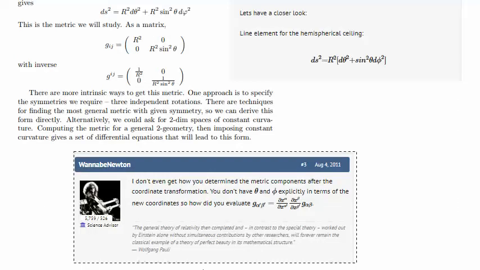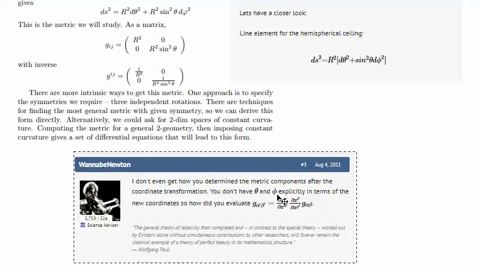Now looking at Wannabe Newton, I just realized I don't know who Wannabe Newton is talking to. The third post, he says, I don't even get how you determine the metric components after coordinate transformations. So who is he talking to? Is he talking to Anamitra, who has that r squared and r squared sine squared theta in his diagram? Or is he talking to PAllen, who has given theta and phi?